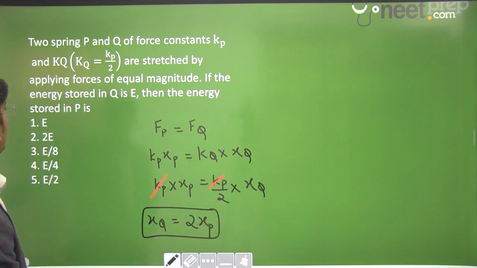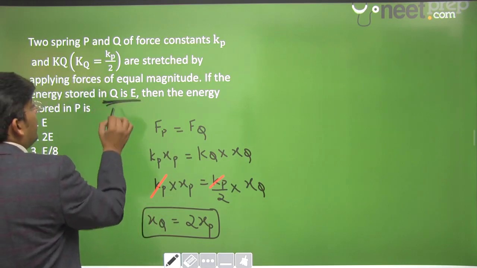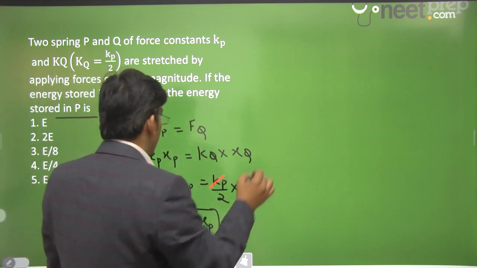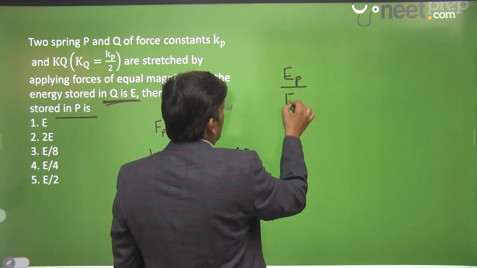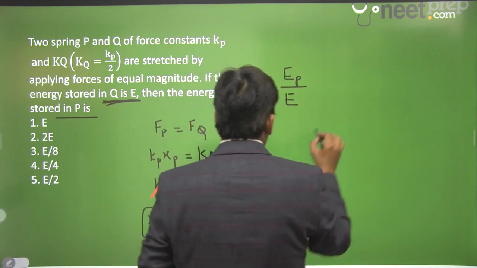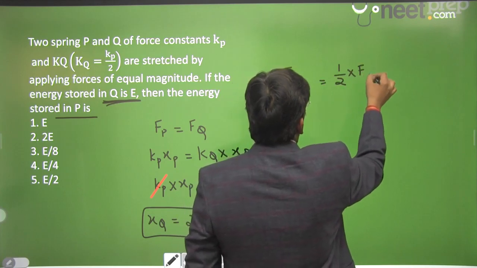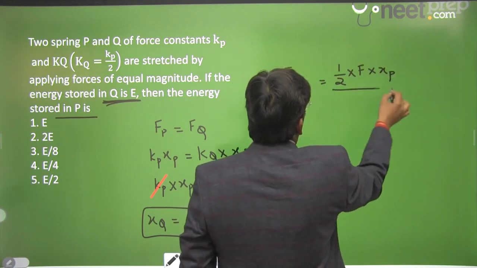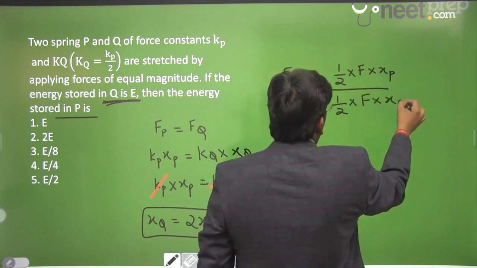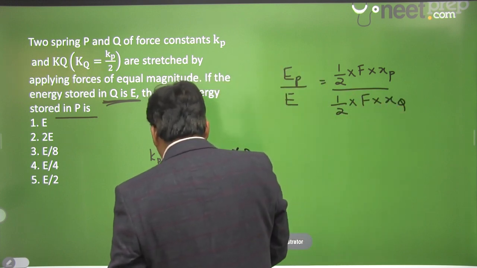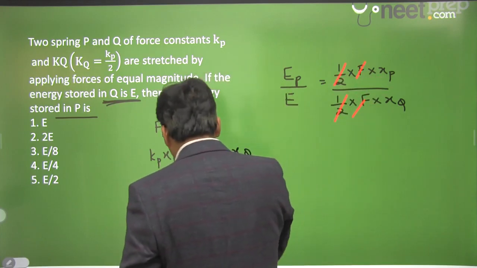We have to find the ratio. If energy stored in Q is E, we have to find the energy stored in P. Okay. Energy stored in P divided by energy stored in Q. Energy stored in Q is E. It is half into force into X divided by again half into force into X. Since force is same, this half is going to cancel, F is going to cancel.